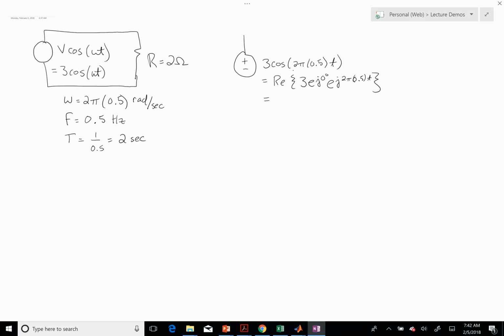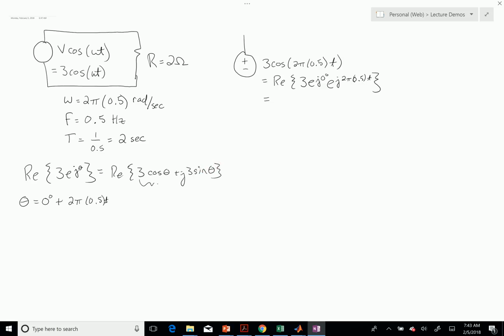Now, remember, if I wanted to expand that, I can always say real part of 3 e to the j theta, where theta is equal to 0 degrees plus 2 pi 0.5 t, right? So real part of 3, remember e to the j theta is cosine theta plus j times sine of theta.